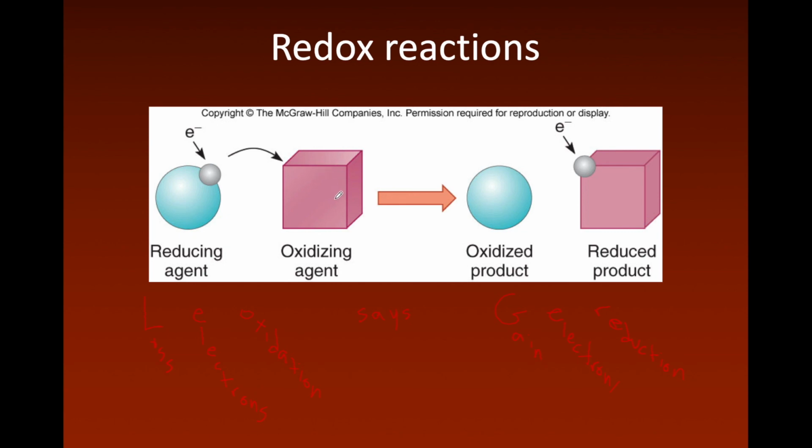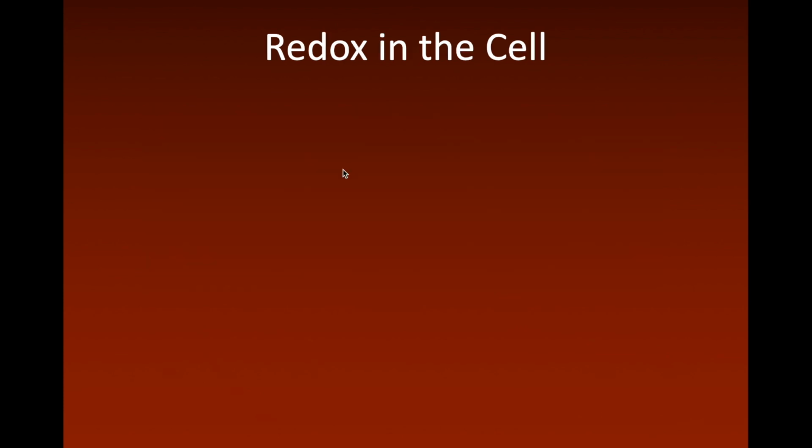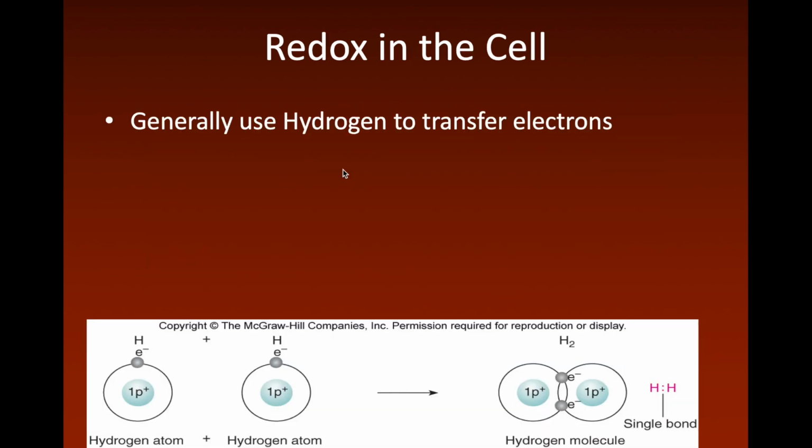So in the cell, we'll see this a whole bunch. Redox reactions are how energy is essentially generated through oxidative phosphorylation, and in the cell, as mentioned before, the hydrogen compound or hydrogen molecule is used to transfer those electrons. A hydrogen atom has one proton and one electron, and a hydrogen molecule therefore has two protons and electrons. So this is how electrons are transferred in the cell.